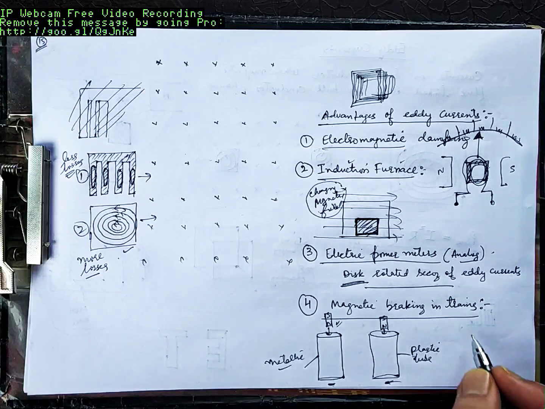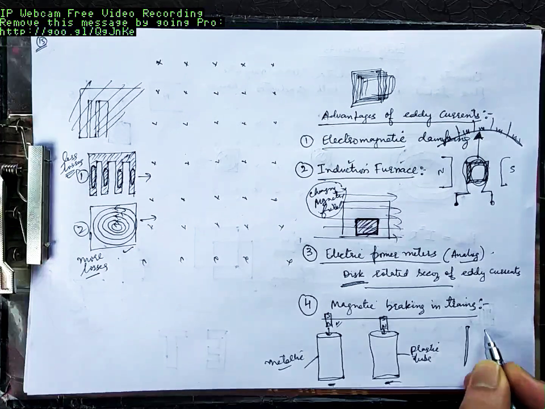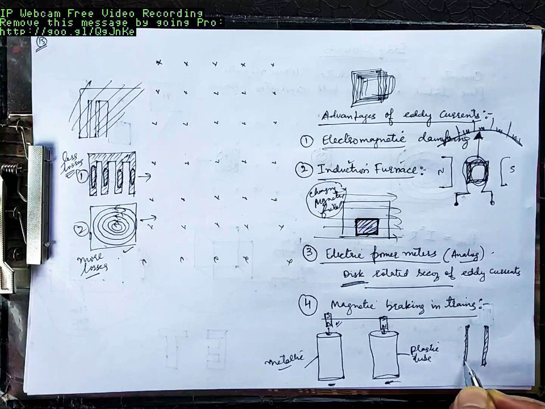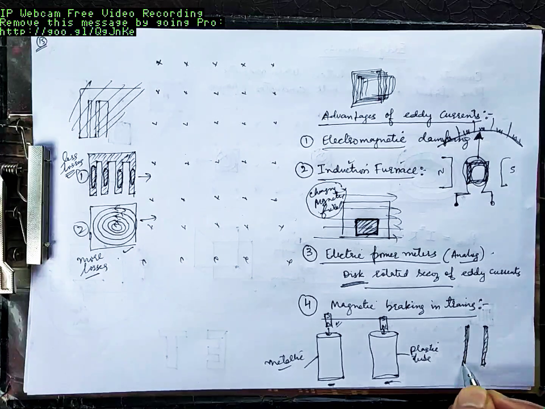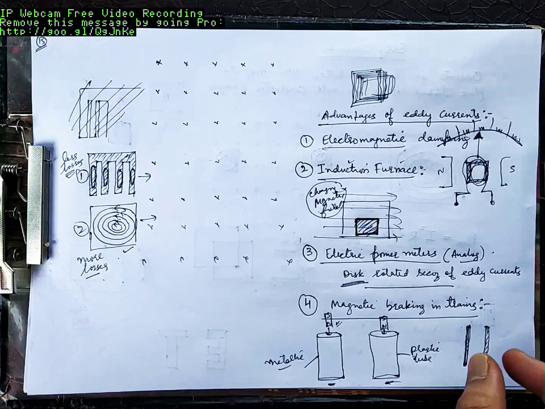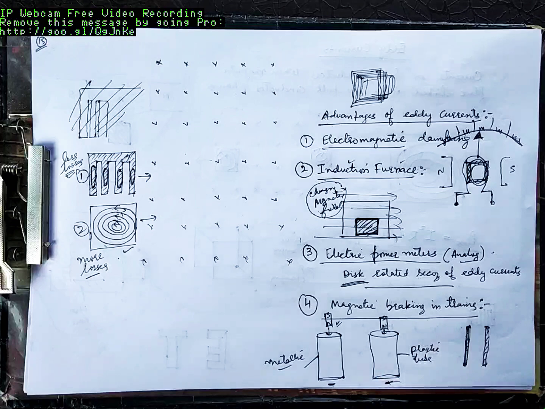Rails are the metallic foundations on which trains run. Above these metallic rails, the train has strong electromagnets. Whenever the train wants to stop, these electromagnets are connected to the source.